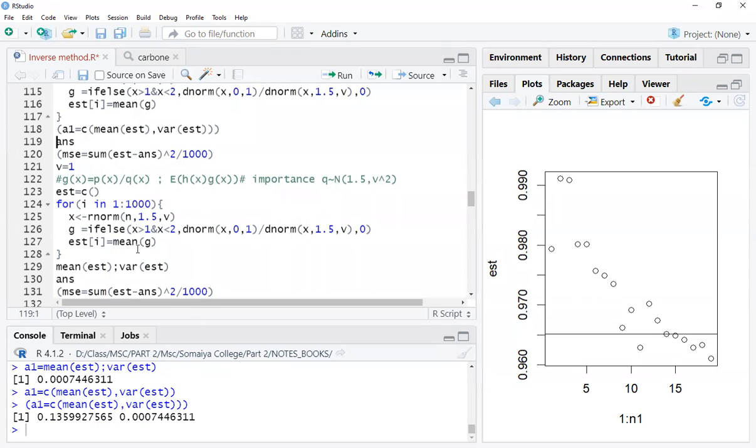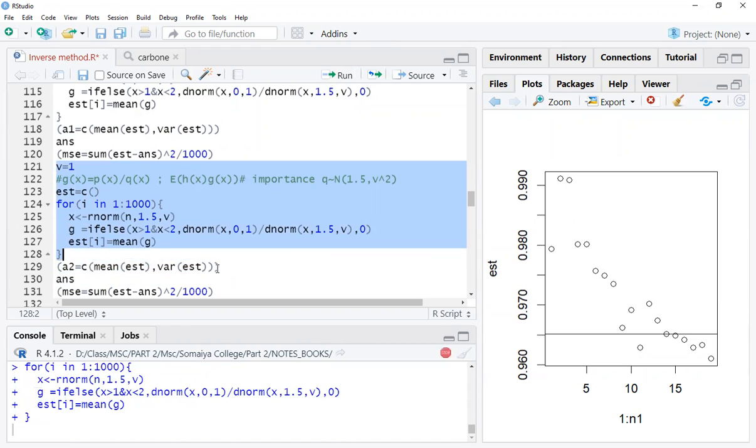These are the two values. This is when you are assuming your variance is 1. It will take a little time.